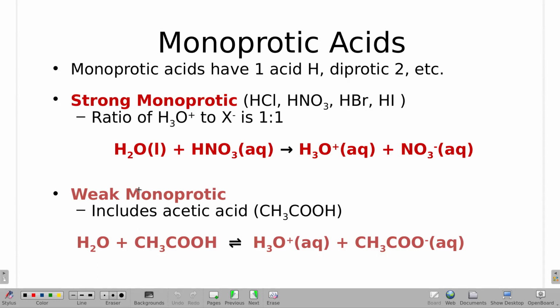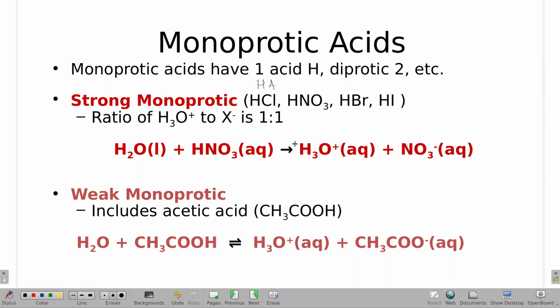Okay, other acids that we have to consider are what we call monoprotic. Monoprotic just means that it has a single proton that comes off. We will actually see this written often as just HA, A meaning it's an acid, H meaning it has one H to give up. And it does mean that there's a 1-to-1 ratio of H's to H3O's.